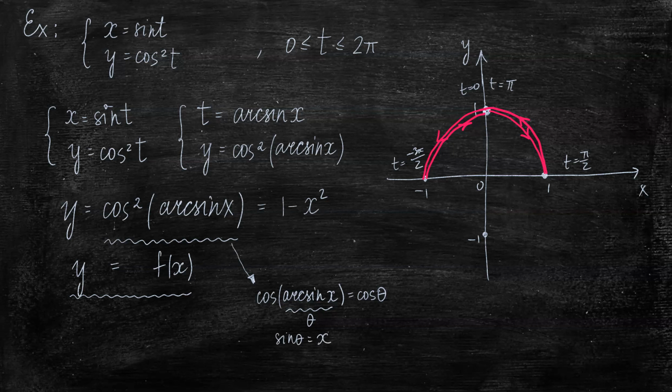And if you draw a triangle with angle theta, then sine of theta equals x means we can label the opposite side x and the hypotenuse 1, and then by Pythagorean theorem the adjacent side will be equal to square root of 1 minus x squared. So cosine theta is adjacent over the hypotenuse, which is exactly square root of 1 minus x squared. And since we squared it over here, we're also going to have to square it over here, and that brings us to this answer.